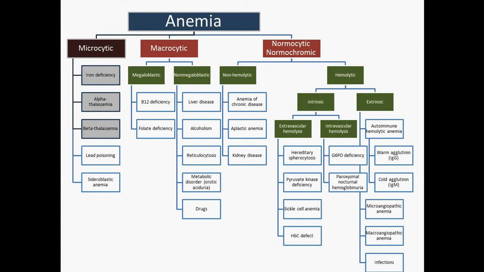So then the diagnosis is confirmed by hemoglobin electrophoresis. With lead poisoning, you're inhibiting the ferrochelatase, and the ALA dehydratase, which also decreases heme synthesis.